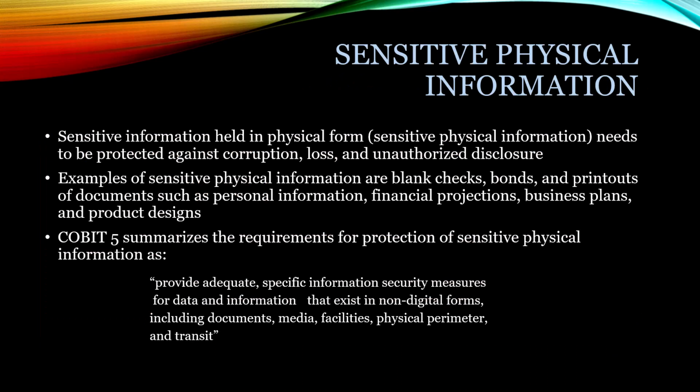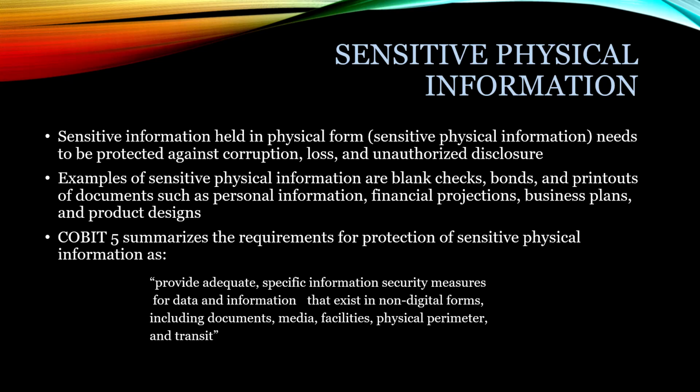Sensitive physical information. Sensitive information held in physical form needs to be properly protected against corruption, loss, and unauthorized disclosure. This could be blank checks, bonds, printouts, financial projections, business plans, anything that is PII related or business related that is physical.